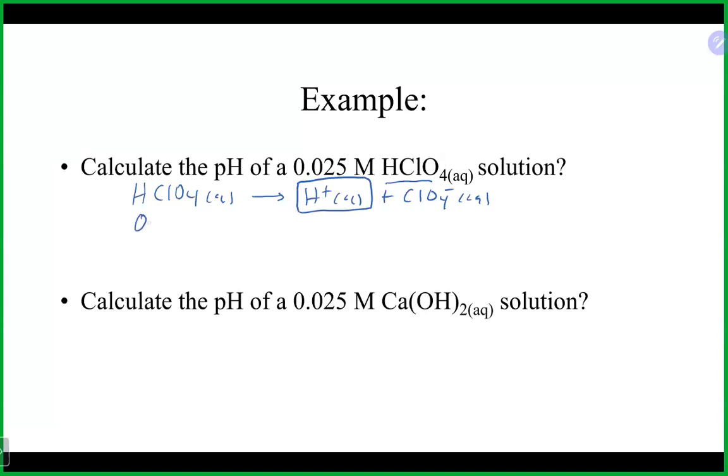And we know that the concentration of the whole thing is 0.025 molar. Once again, as most of these strong acids are, it is a 1-to-1 relationship between the whole thing and its ions. That means for the concentration of its ions, you would take 1 times the initial concentration, and that's going to leave us the same number. And that would be our H plus concentration.